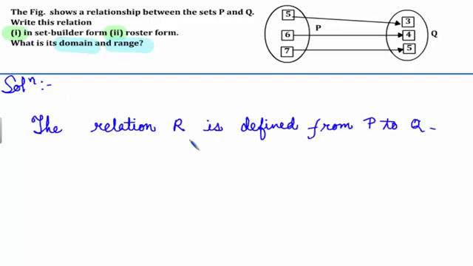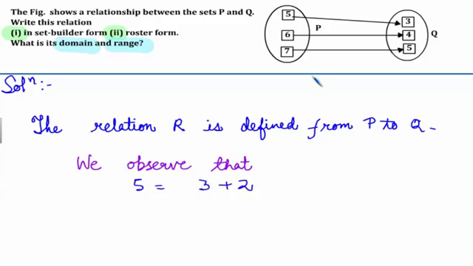The relation R is defined from the set P to set Q. We observe that 5 is equal to 3 plus 2. Then 6 is equal to 4 plus 2. And 7 is equal to 5 plus 2.